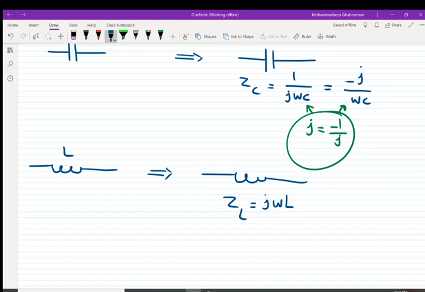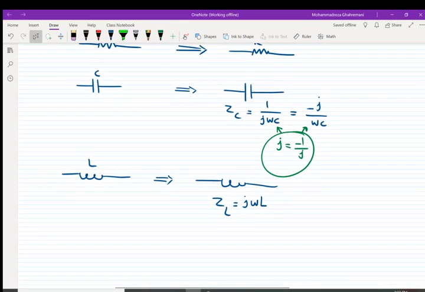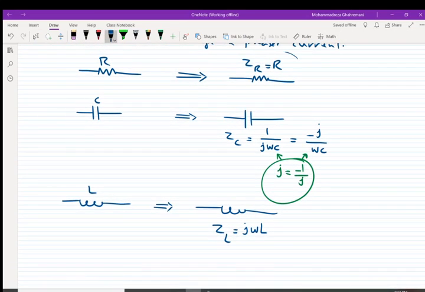One important thing is that the impedance of a resistor is independent of the frequency, because there is no frequency element in the impedance. But for the capacitor and inductor, the value of the impedance changes with the frequency.